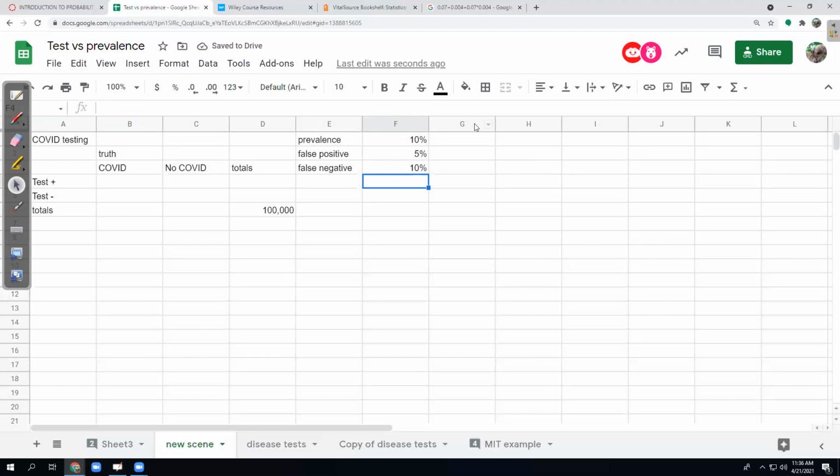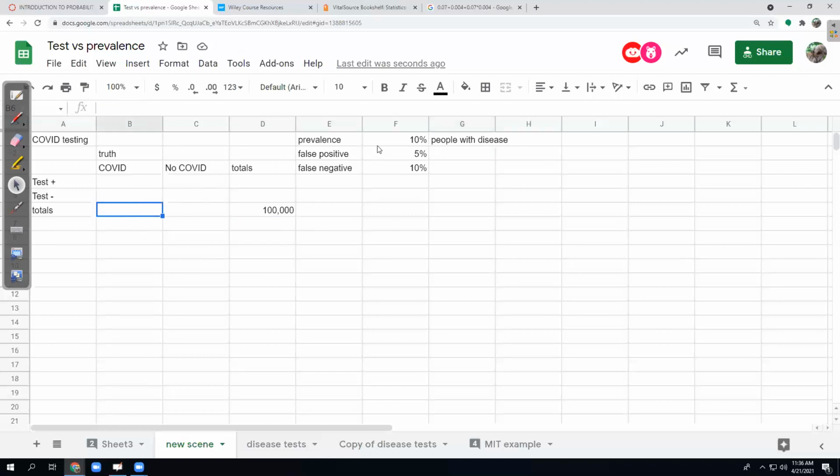So the first thing we have to do to fill out this table is figure out, okay, well, how many people actually have the disease? So that's where I use the prevalence rate. And the prevalence rate is just people with the disease over all people. So out of this 100,000, how many actually have COVID?